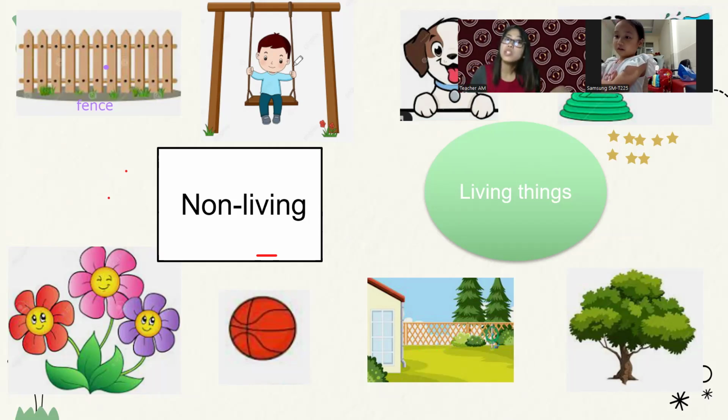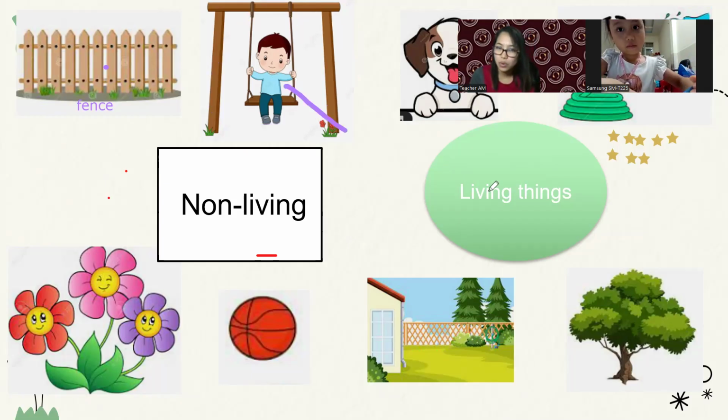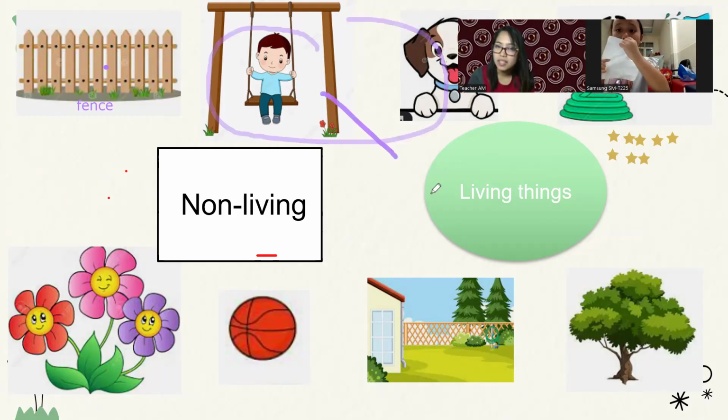Great job. Now I want you to look at this. What is it? It's a boy. Very good. So you said that a boy is a living thing, which is also correct. Great job on that. Now tell me, Amy, why do we consider a boy a living thing?